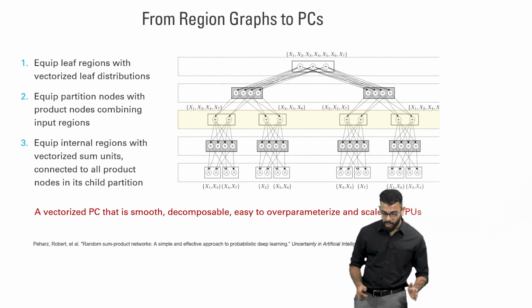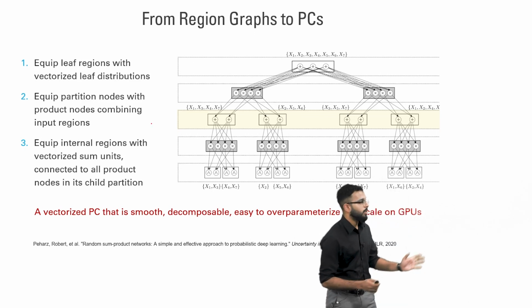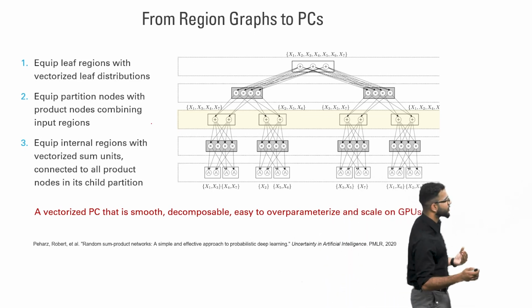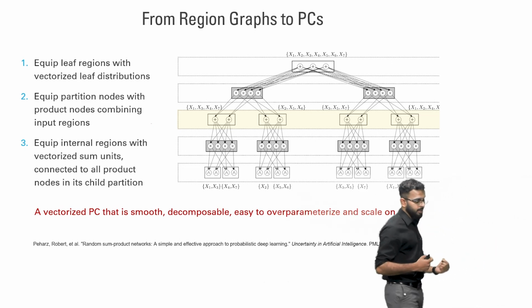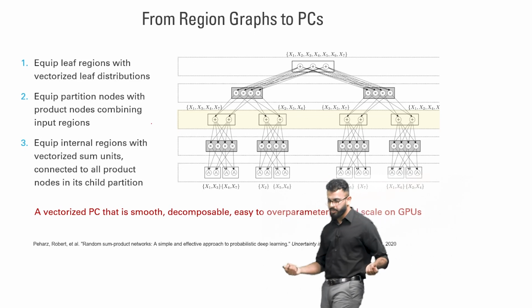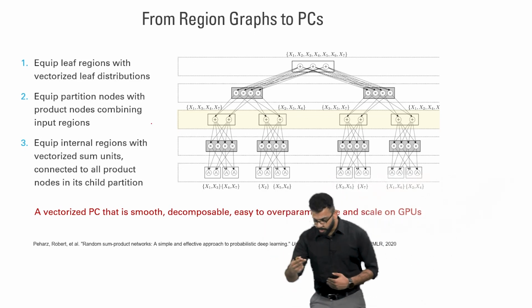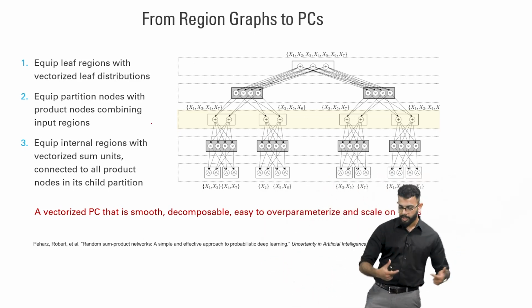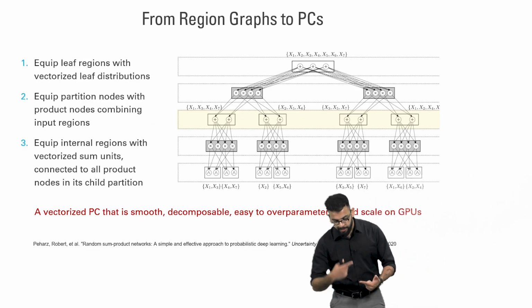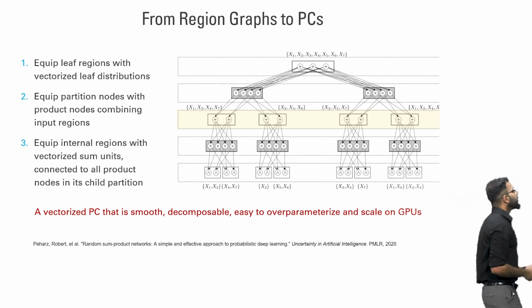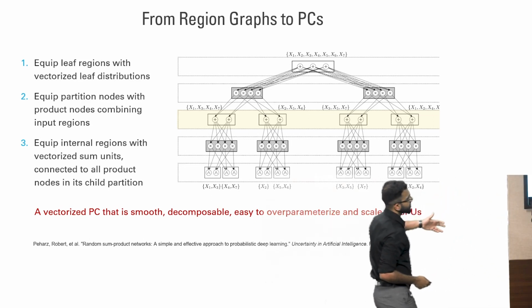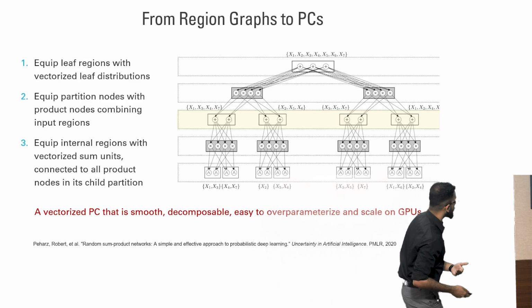So in short, you equip the leaf regions with vectorized versions of leaf distributions, right? So you have a vector that represents probability over, say, k different distributions over a given variable, and then at a higher level you compute products over these vectorized leaf inputs, and then at a region level, you take summations, right? So you vectorize everything. You have vectorized leaves, vectorized products, and vectorized sum units.